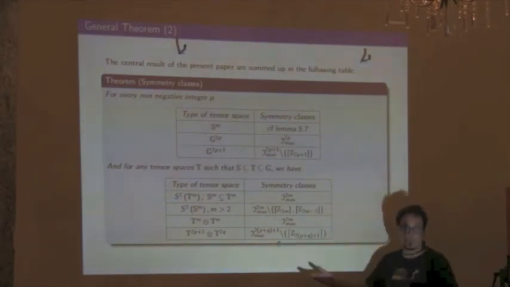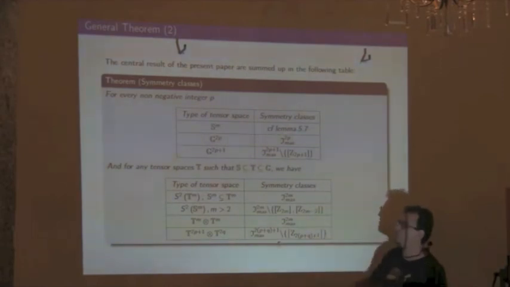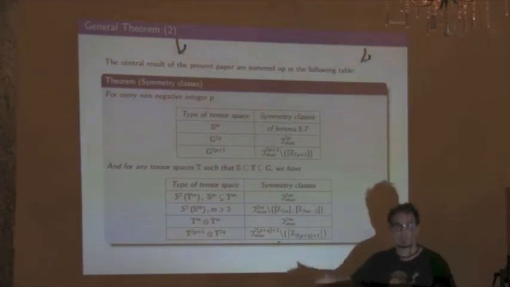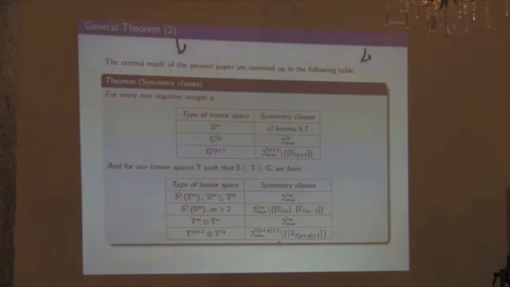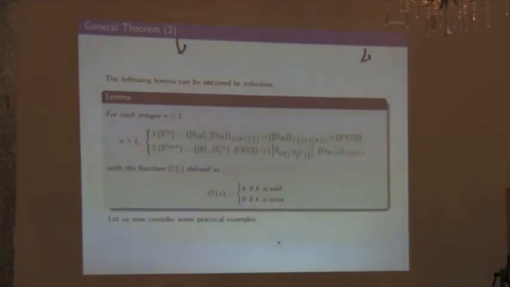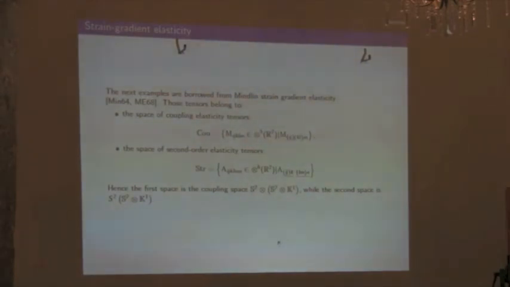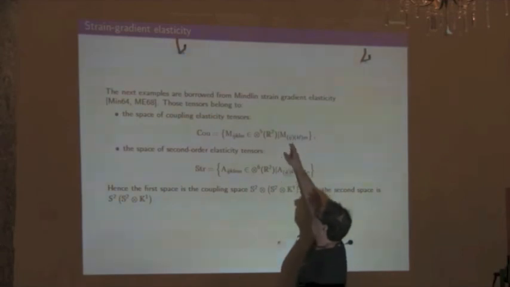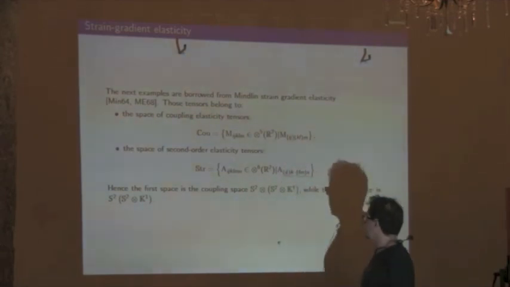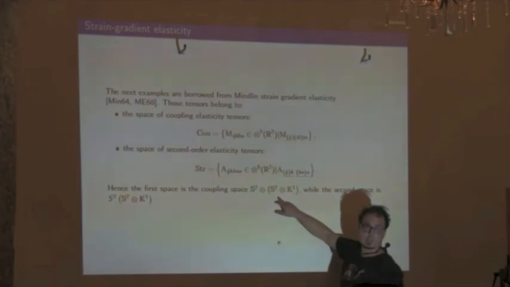So we try to identify this only for constitutive tensors, due to the hypothesis that we have a constitutive tensor and not a general tensor. And every situation is covered by this rule. So I can obtain, if I look at, for example, the coupling tensor in Mindlin strain gradient elasticity, this tensor has this structure.